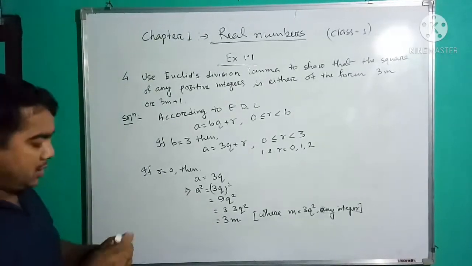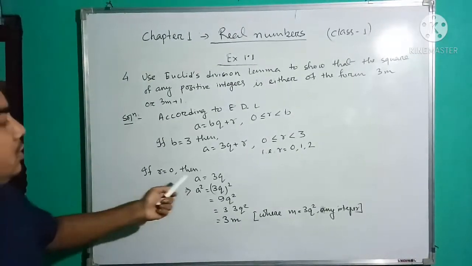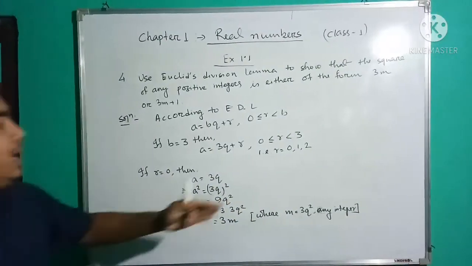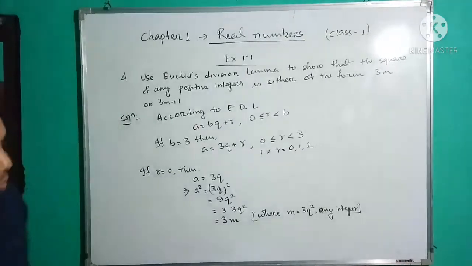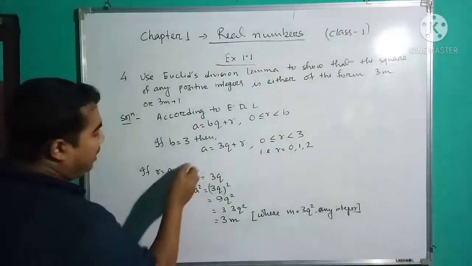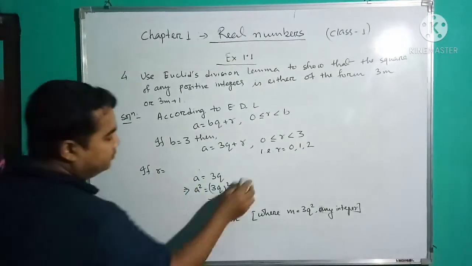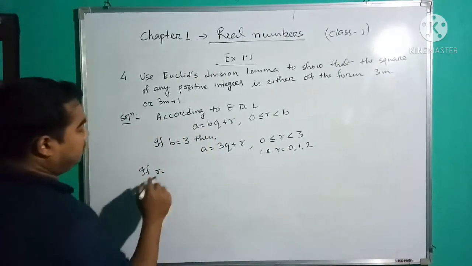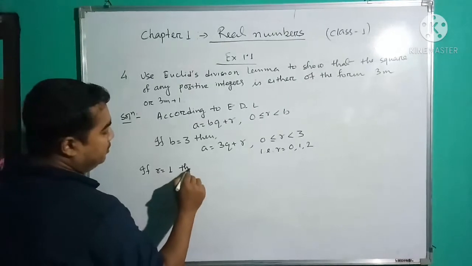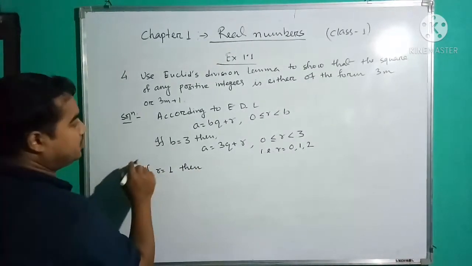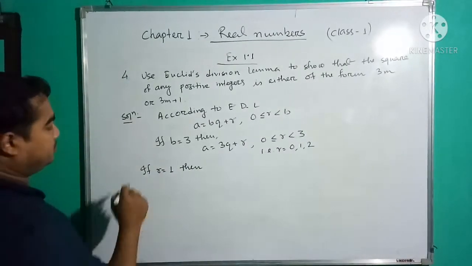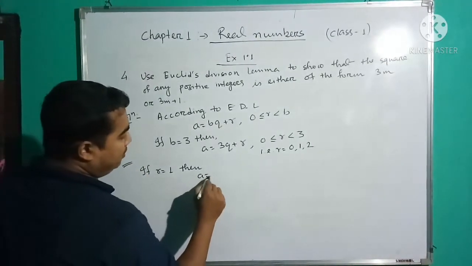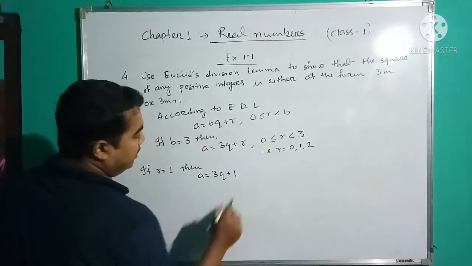Next point. Now we will plot r equals 1 and square it. After that, again we will plot r equals 2. Now see, if r equals 1, then a equals 3q plus 1.